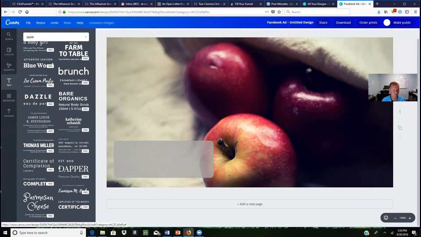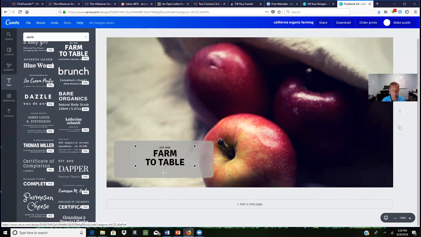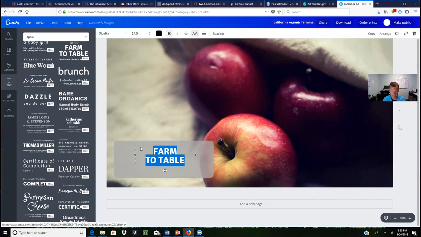And it has all these different types of text you can add. I just clicked on one really quickly. Let me get rid of these pieces. And then you can say whatever you want to say.